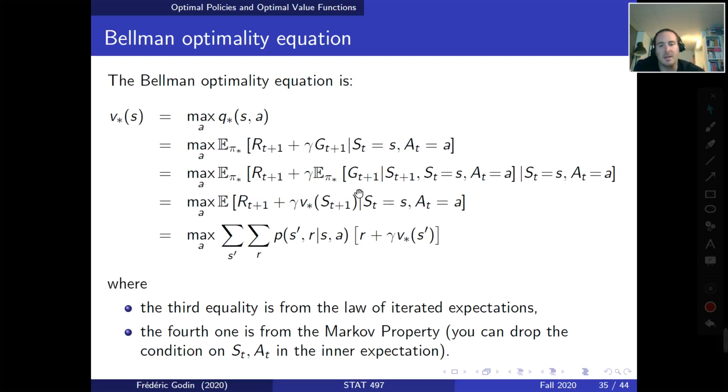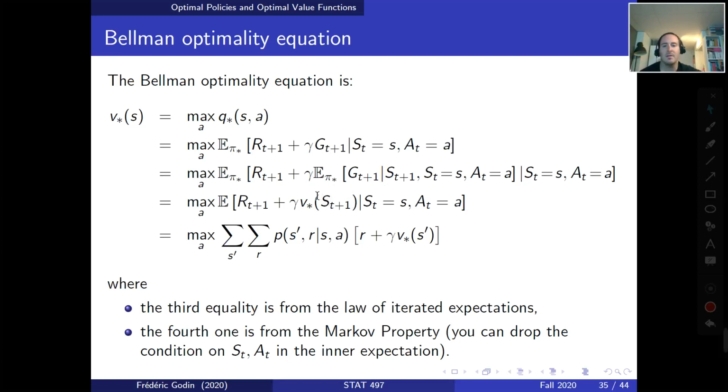And this expectation, the expectation of the return G t plus 1 given the next state under the optimal policy pi star, is simply by definition v star of S t plus 1. It's the optimal expected return you can obtain because you use the optimal policy.